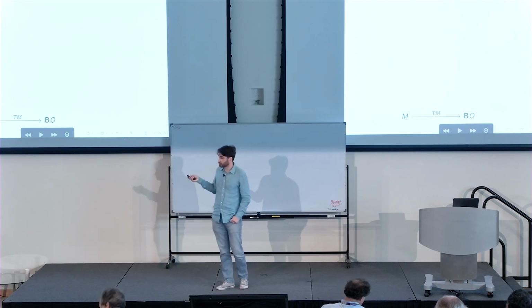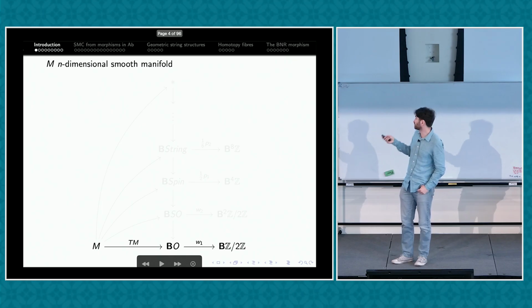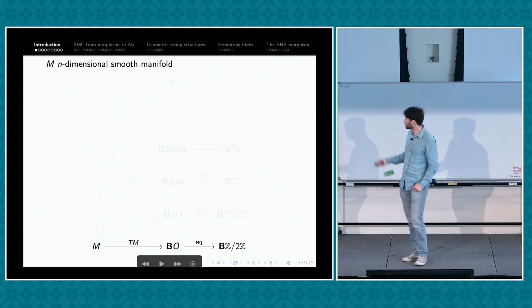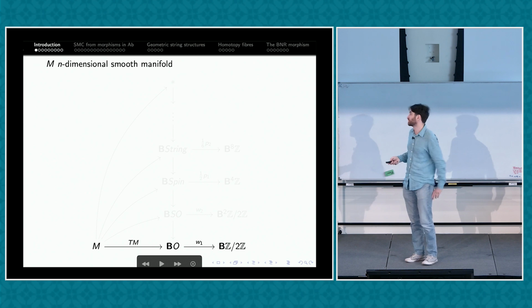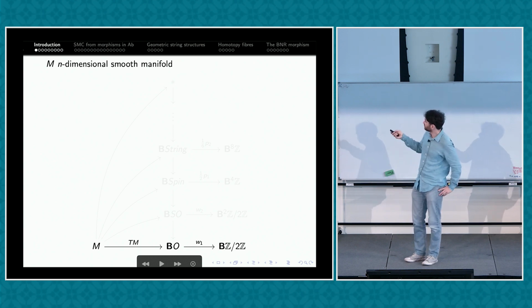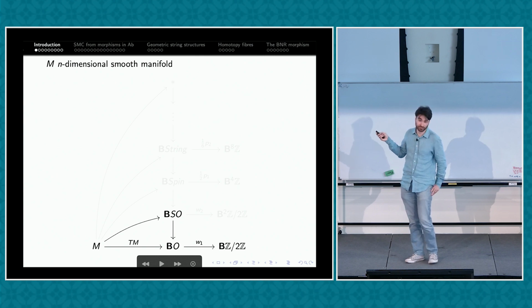And there is a well-known obstruction to lifting this to a stable orientation, which is the first Stiefel-Whitney class, a cohomology class in degree 1. And this will have some importance, because if this vanishes, then we can lift from BO to BSO.